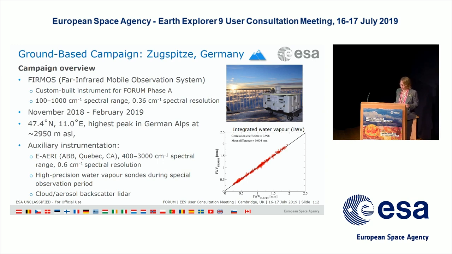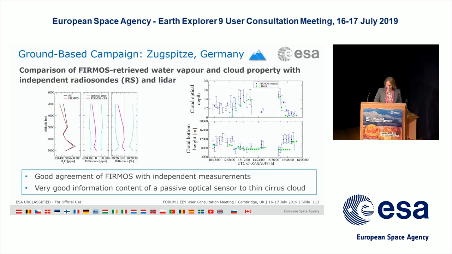So this is then now the comparison. On the left, you see the clear sky retrieval, so it's water vapor. Here, the profile. In red, you have the FORUM profile, and in black, the radiosonde. The FORUM one is an average of 19 measurements, and the radiosonde is an average of 4 measurements.